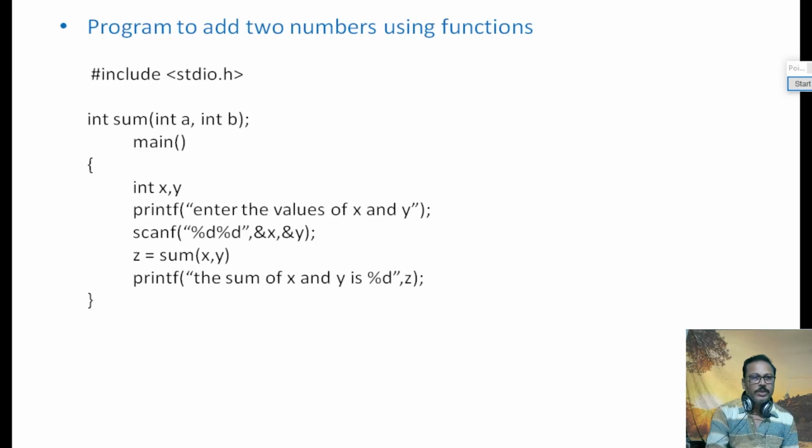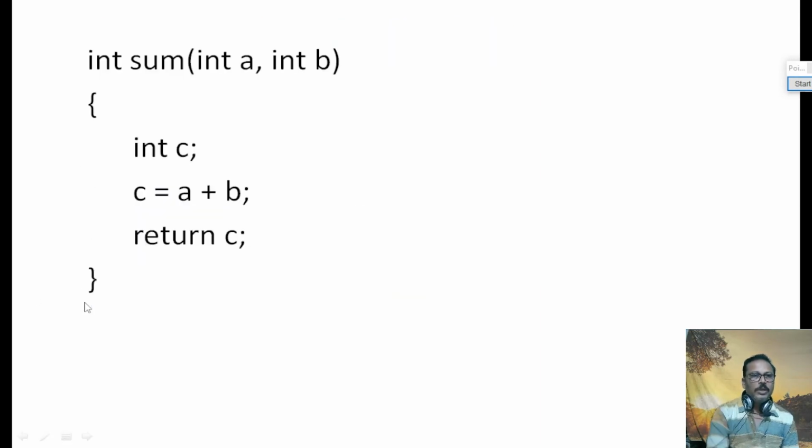After main started and closed, you are writing the code. Here you are not writing the semicolon because you want to write the code. So you are adding the values of a and b, and then you are returning c.